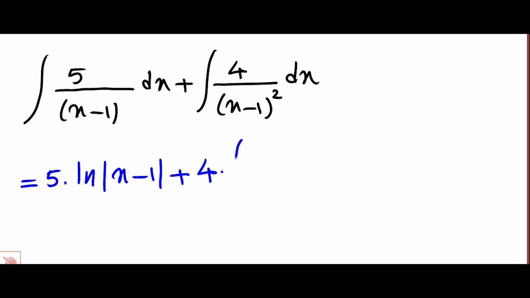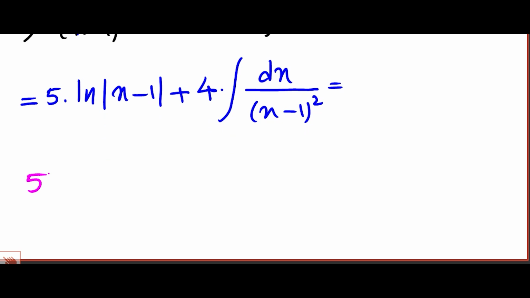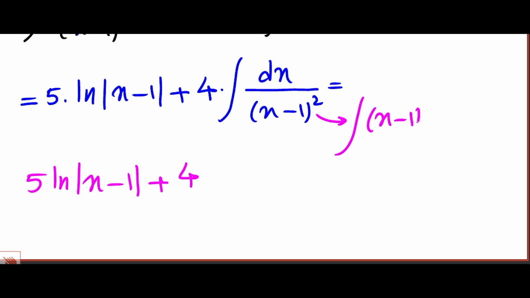4 times the integral of dx over x minus 1 whole squared. So we have 5 ln of the absolute value of x minus 1 plus 4 times the integral of dx over x minus 1 whole squared equals the integral of x minus 1 to the power of negative 2 dx.